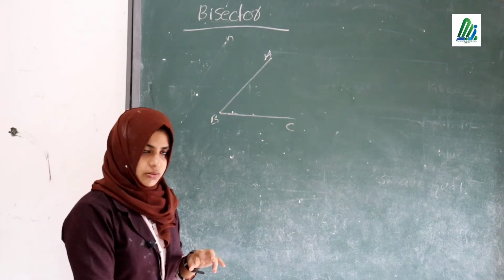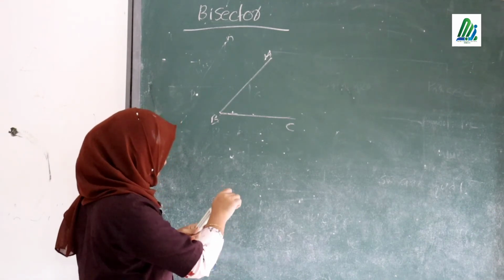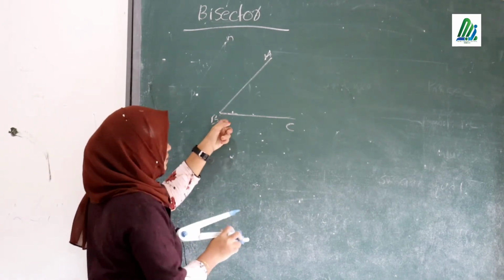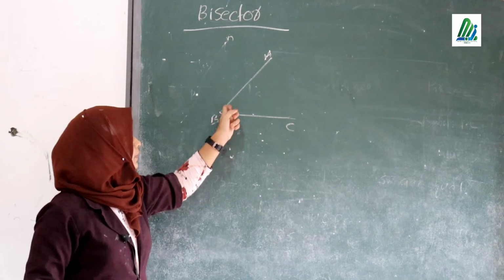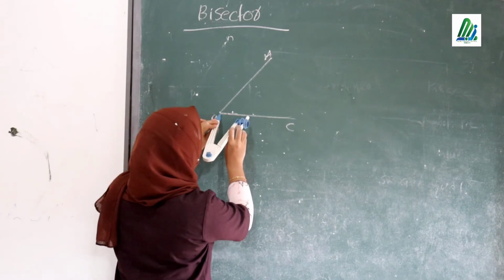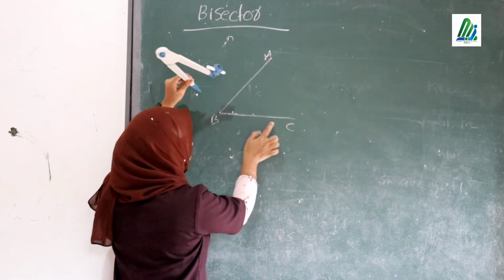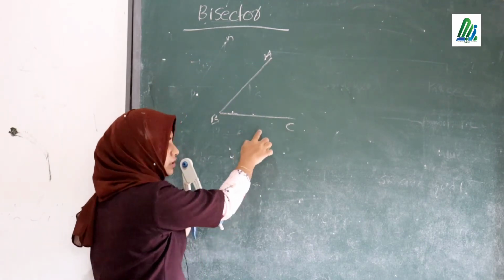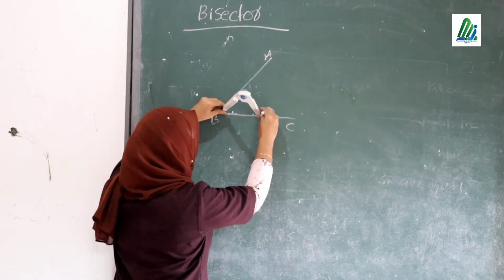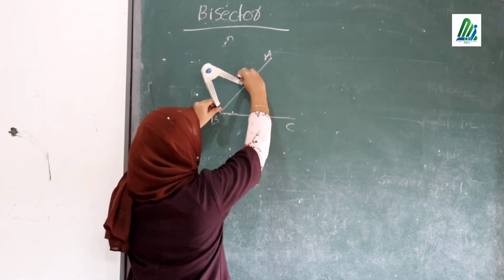Take your compass and place it at the vertex. This is the vertex of the angle ABC, and AB and BC are the sides of the angle. Take a little more than half of the side BC and mark a point here and also here.